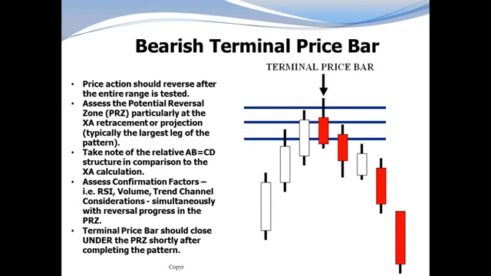Again, assess our confirmation factors, relative strength, volume, trend channels, all simultaneously within the reversal progress in the potential reversal zone. Now, in the bearish case, the terminal price bar should close under the PRZ shortly after completing the pattern.